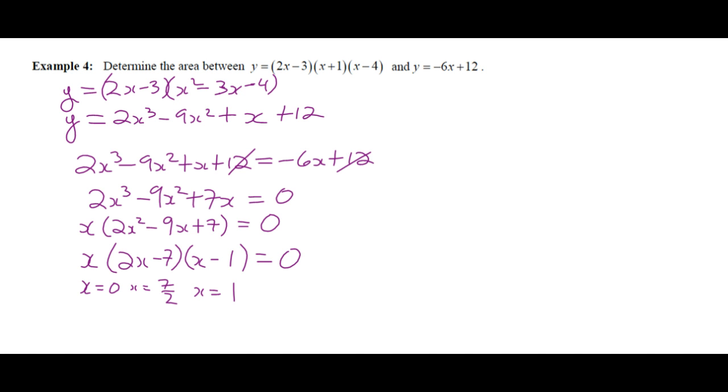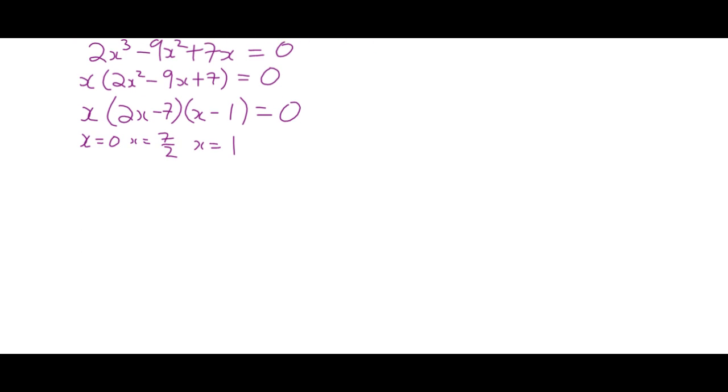Okay, so if we sketch this out, let's just do that down here. Let's say y equals negative 6x plus 12, right? So we know that's a 12, and to get a 0, this will be a 2.